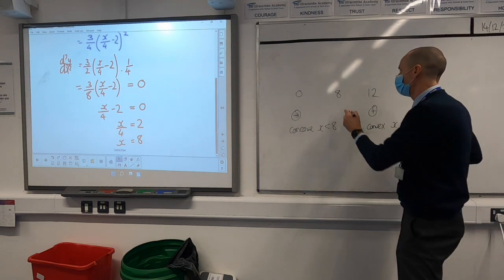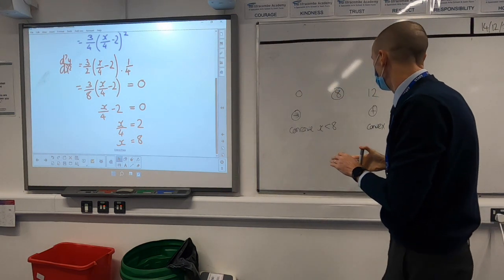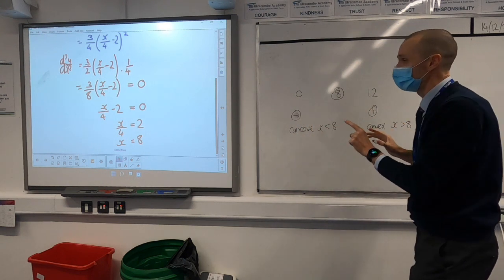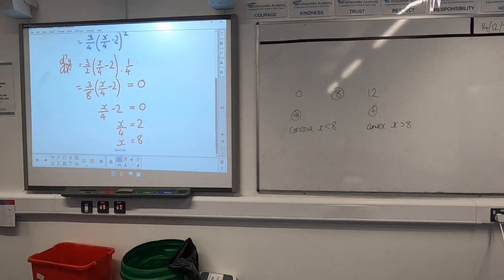So 8 was our point of inflection, and then we just had to work out what was it either side? Was it that way round or was it that way round? And we did that just by looking at the sign of d2y by dx squared. Concave if it's negative, convex if it's positive.